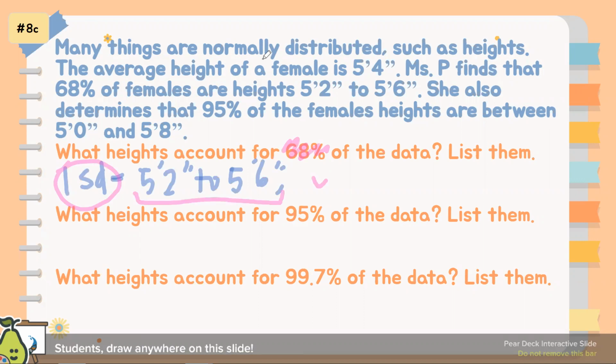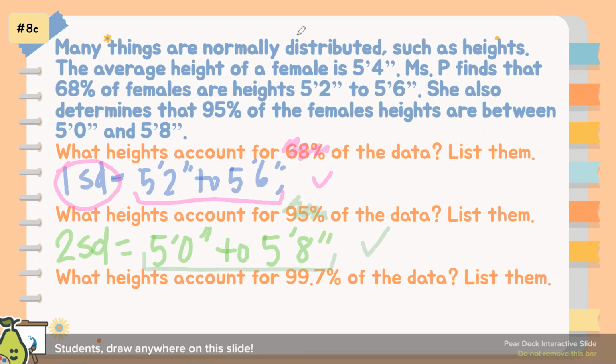These are the heights that account for 68%. 2 standard deviations of the mean gave us heights from 5 foot to 5'8". And 2 standard deviations of the mean accounts for that 95%. So 5 foot to 5'8" is the 95%.